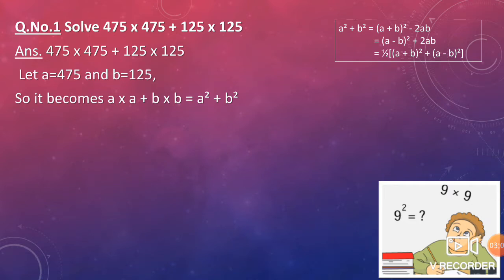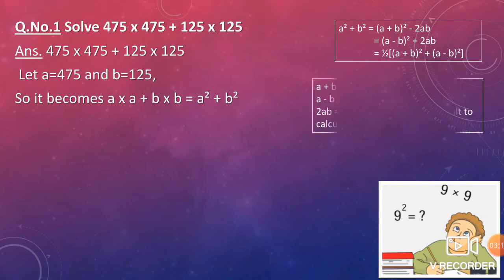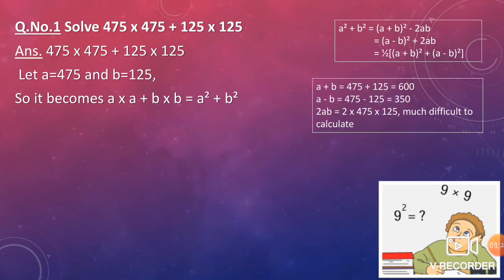Now let's see which of these three formulas we can use. If we consider the first formula, A plus B the whole square minus 2AB: A plus B, that is 475 plus 125, is 600. Then A minus B is 475 minus 125, that is 350.